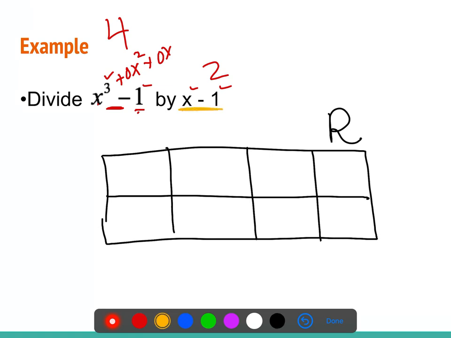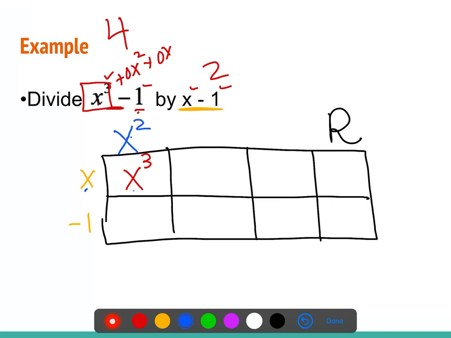So when I draw my box, it's going to have 2 rows and 4 columns. Remember, you put your giant R up there for the remainder. And down the side goes your x minus 1. I start with my highest exponent.